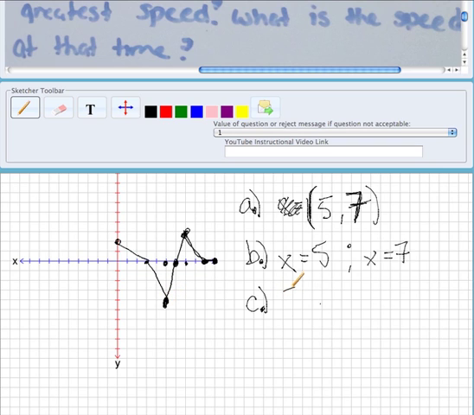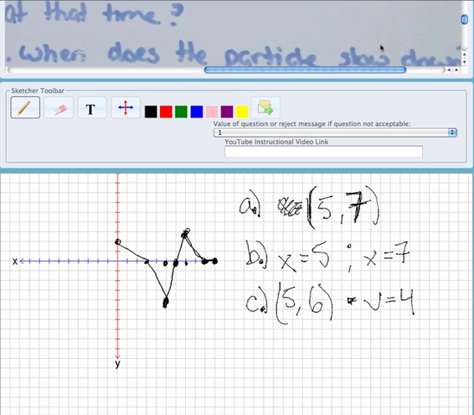It has to be on the interval from 5 to 6. And then it asks what the speed is. The speed is going to be what the slope is. So on this one, if we use rise over run, we go up 1, 2, 3, 4 over 1. So it's 4 over 1. So the velocity is going to equal 4.